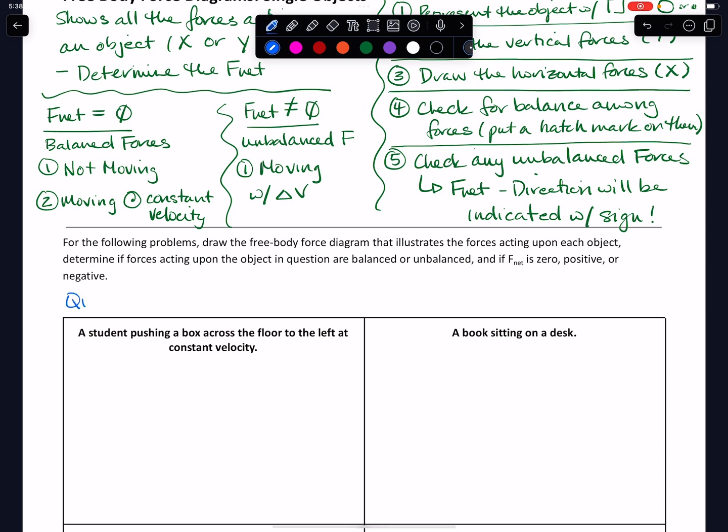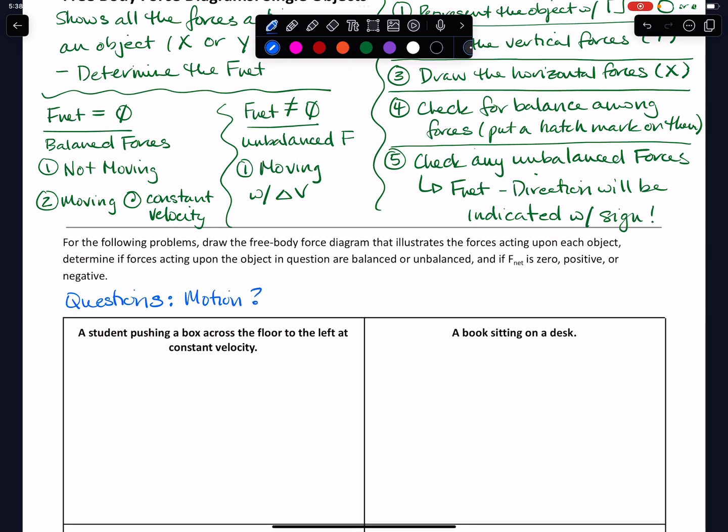When I'm reading a description of an object, I ask myself a series of questions that help me focus on whether things are balanced or not and what F net potentially could be. The first question I ask once I've read the description is, is there motion?